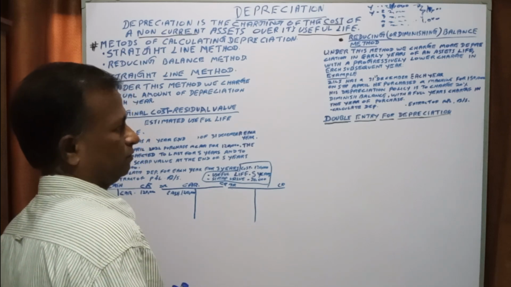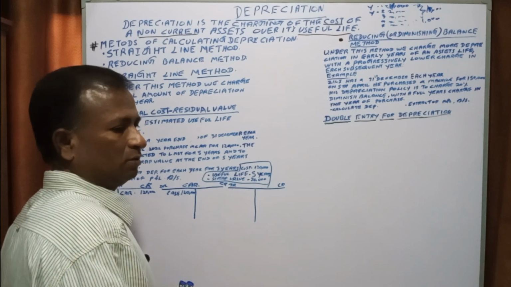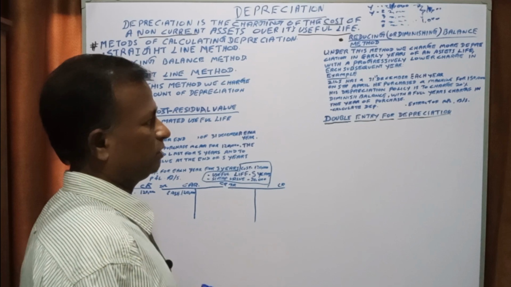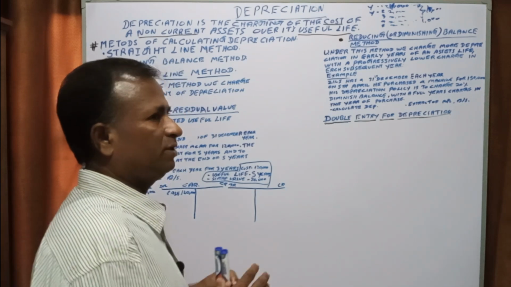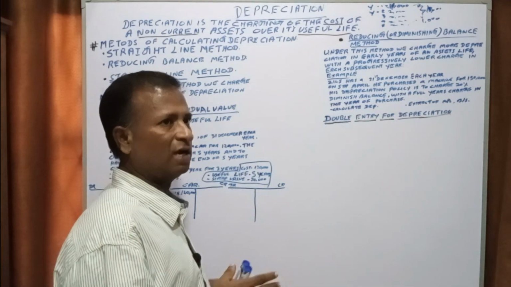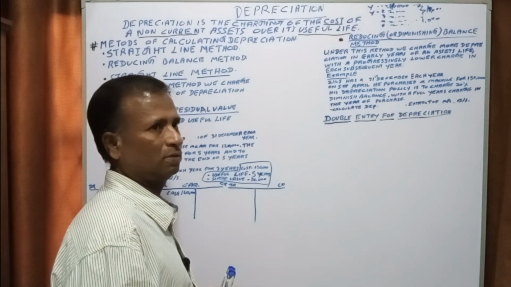We say we are going to do the depreciation. What is the double entry? Depreciation is a charge, an expense, right?